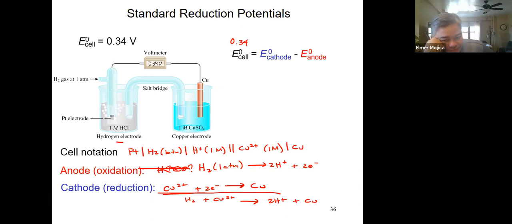Where is the 0? Because we always assign this with a 0. Now the question is, where is the zero here? Is it the cathode or the anode? Anyone?